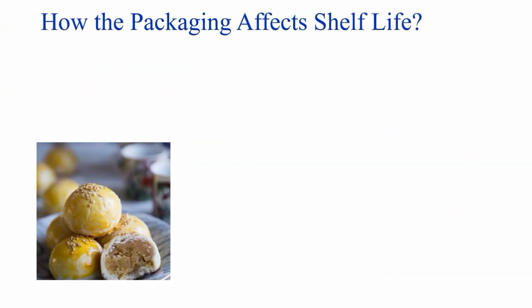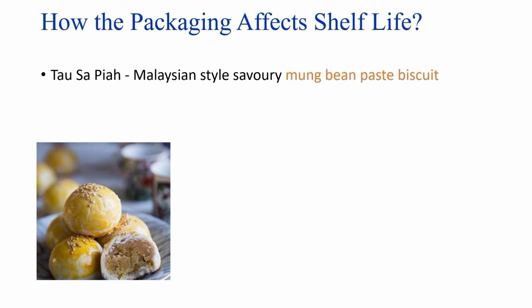Next, how packaging affects shelf life. What is this in the picture? For Malaysians, we know that this is a very famous Malaysian savory mung bean paste biscuit, very popular in the northern part of Malaysia, and we call it Tau Sa Piah.